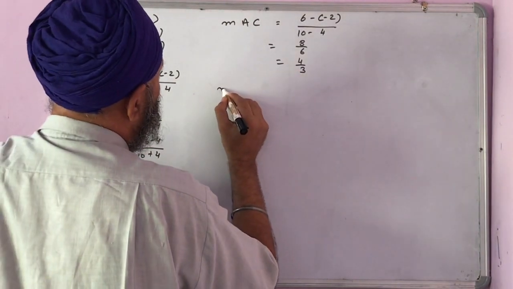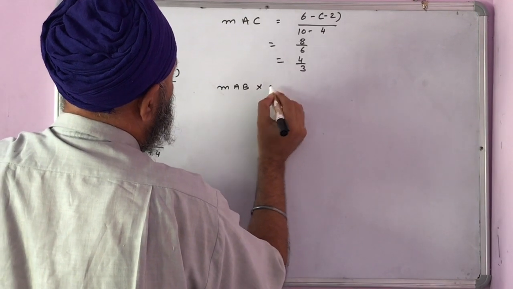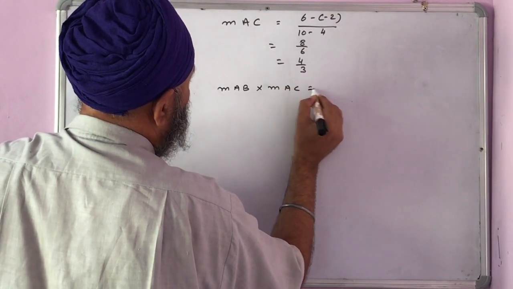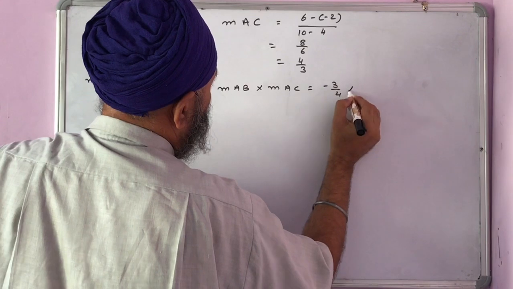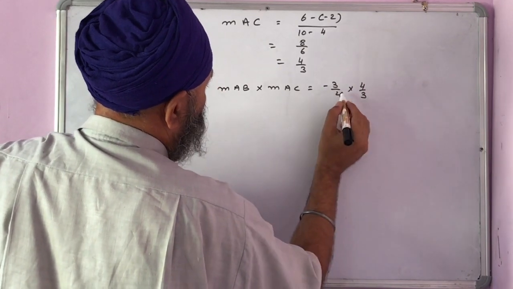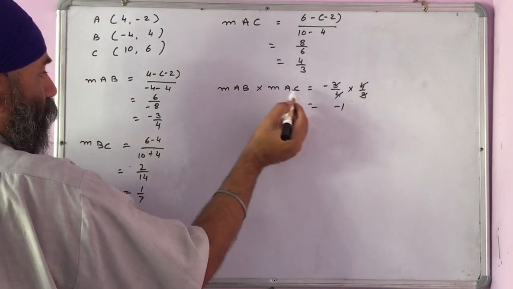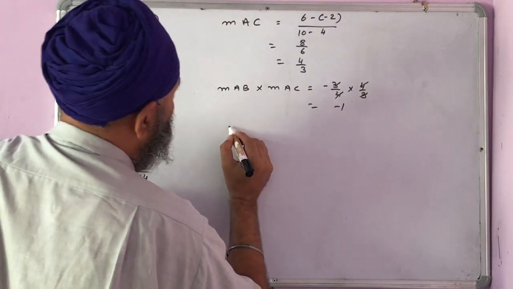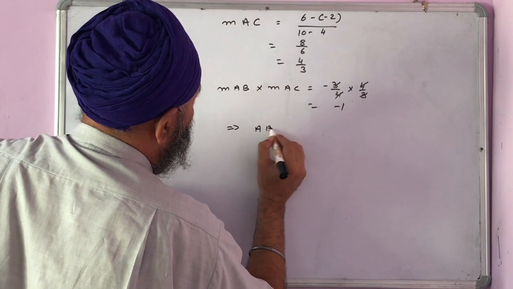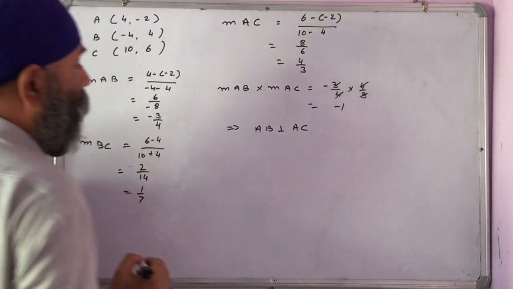If I multiply MAB into MAC, minus 3 by 4 into 4 by 3, the answer will be minus 1. Now their slopes have their product minus 1. It implies that AB is perpendicular to AC.